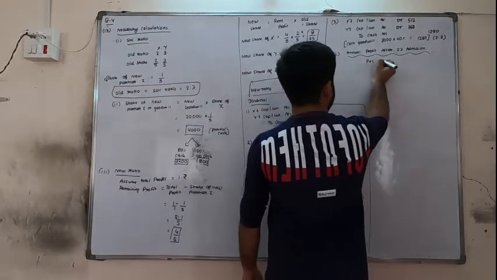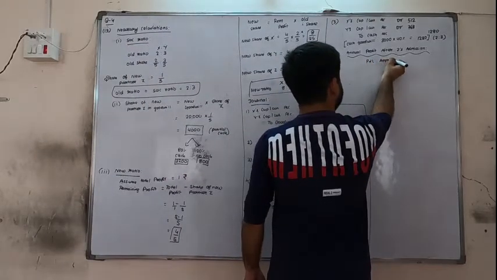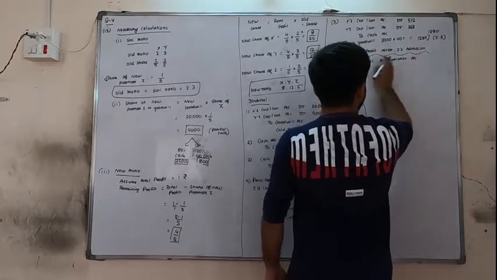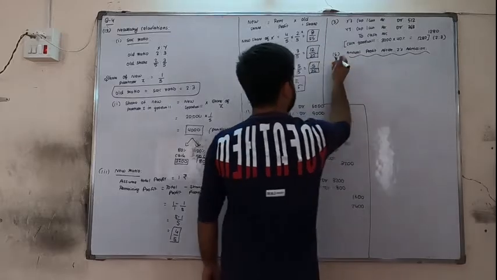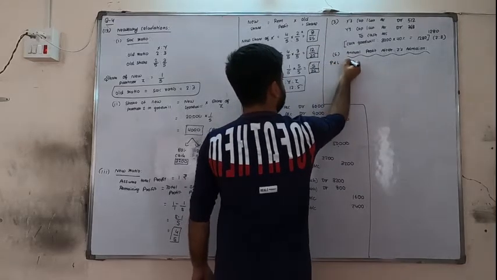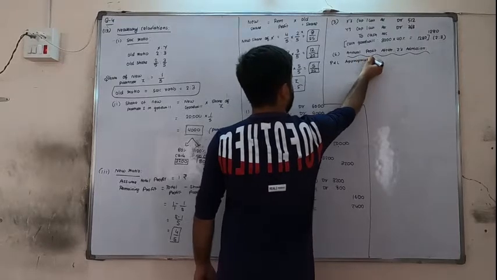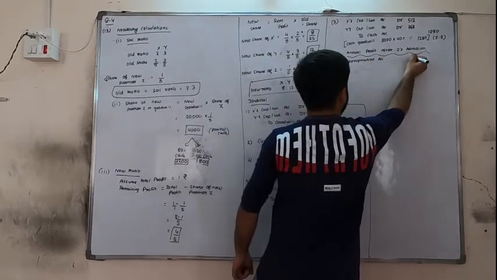So the entry would be P&L appropriation account debit.